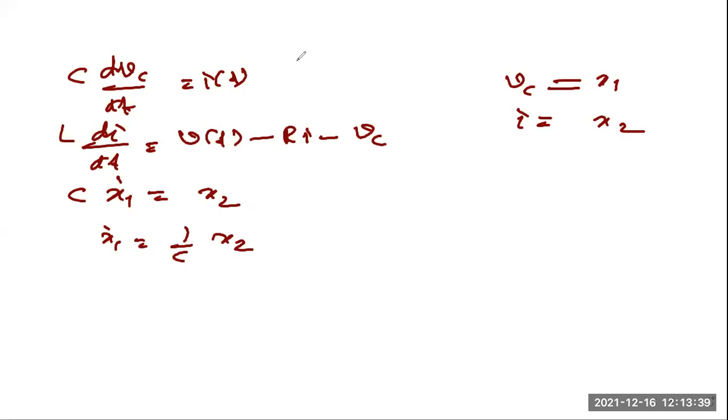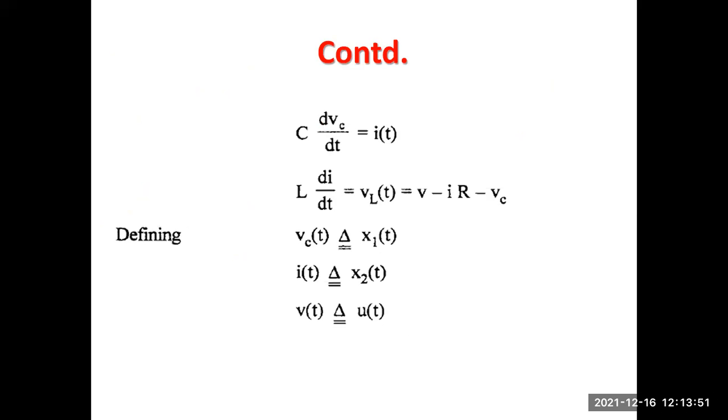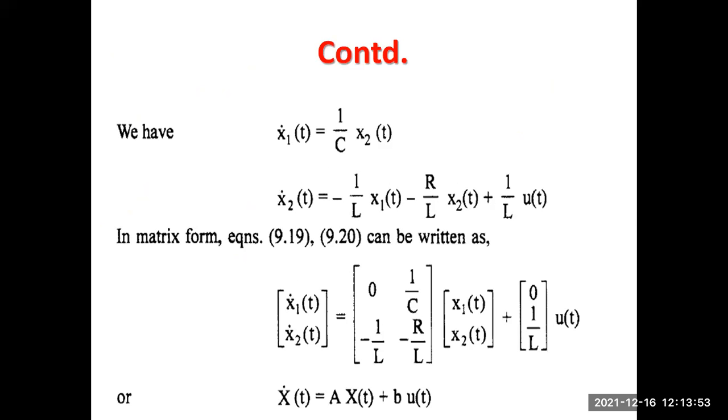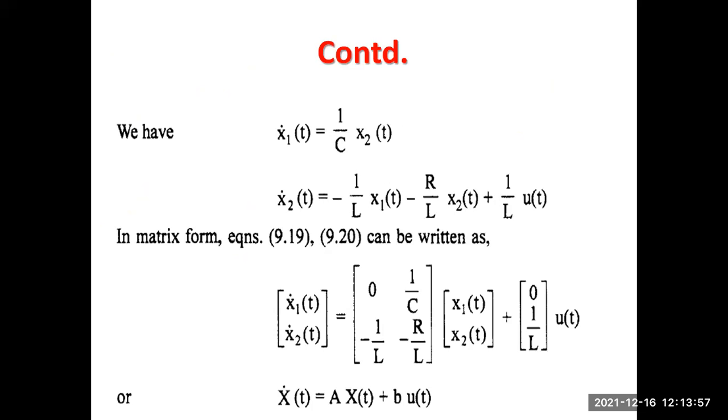Let us cross check this. x1 dot equals 1 by C x2. Is it clear? Any doubt, please tell me.